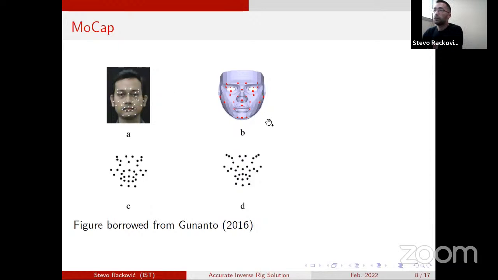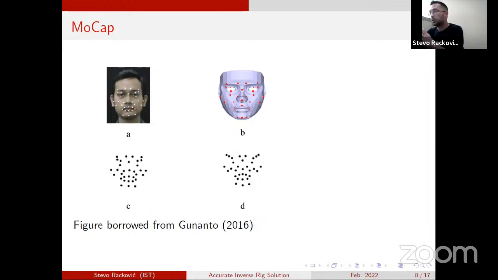But the two faces have different proportions, or sometimes this is not even a human-like character. So we cannot expect to have huge accuracy. And for this reason, a linear blend shape function is good enough.